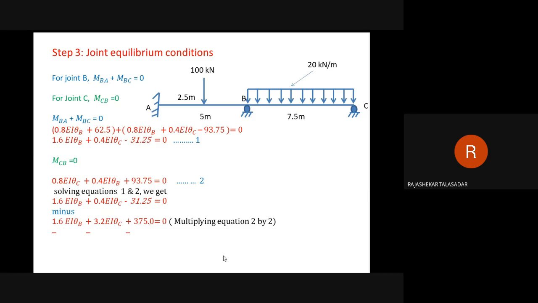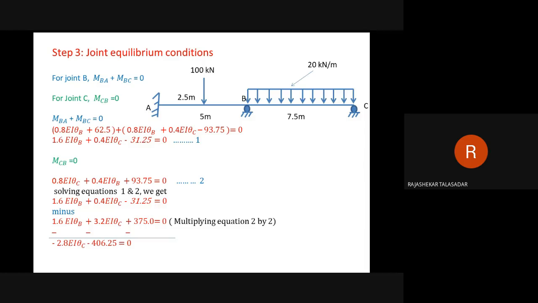Okay. Next, you subtract that, change the sign. 1.6 EI theta B, the 1.6 EI cancels. So plus 0.4 EI theta C minus 3.2, how much will it be now? 2.8 EI theta C. So both are minus here, 375 and 31.25. Both minus.